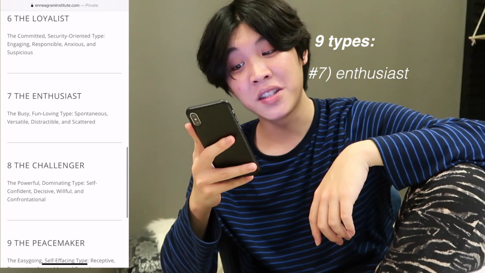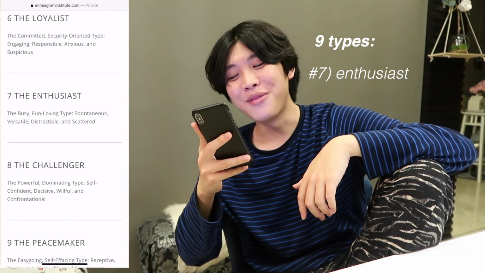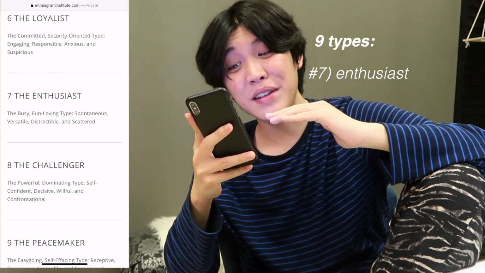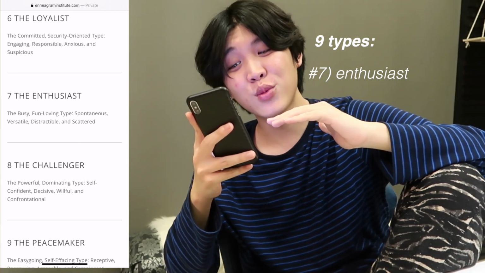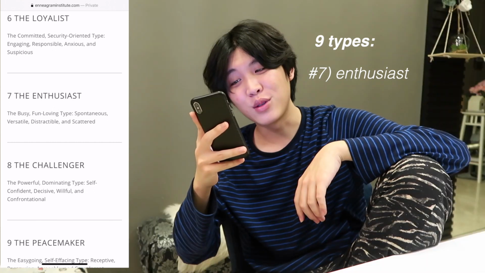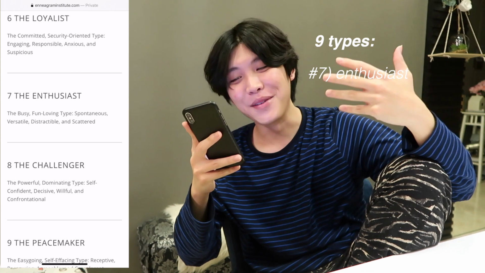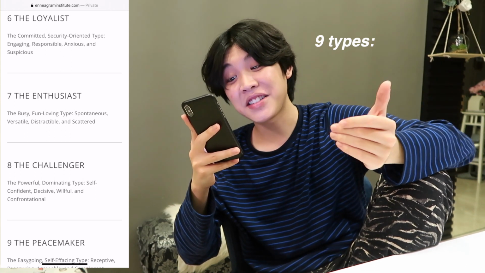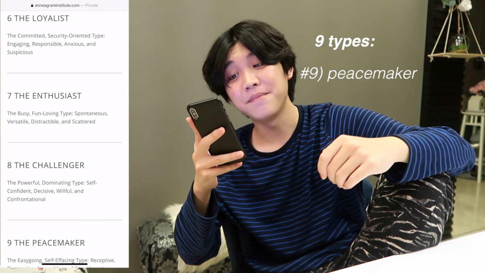I don't know why I have so much trouble pronouncing this thing. The enthusiast. Oh my gosh. Whatever, man. The challenger, and lastly, the peacemaker.